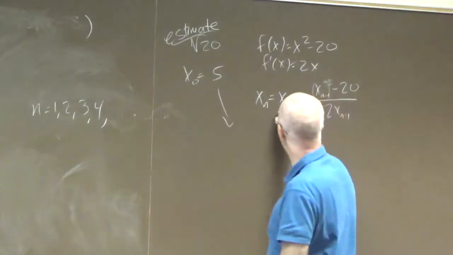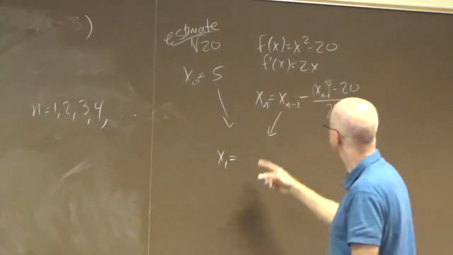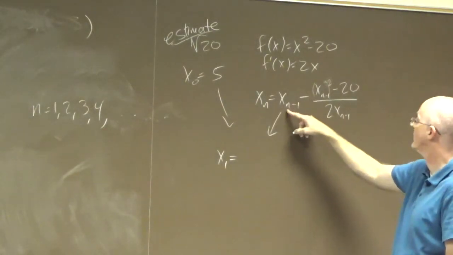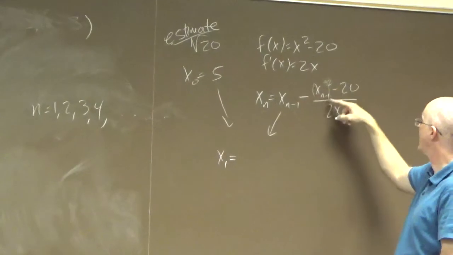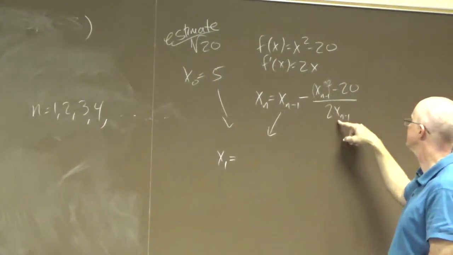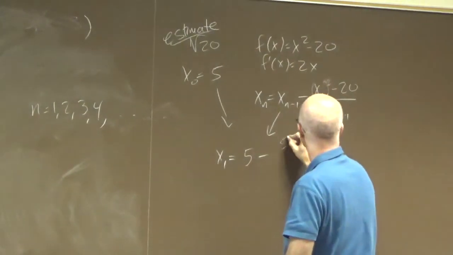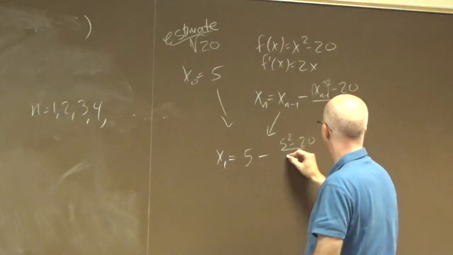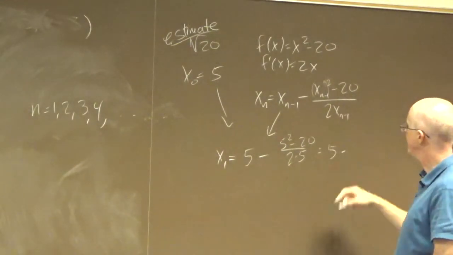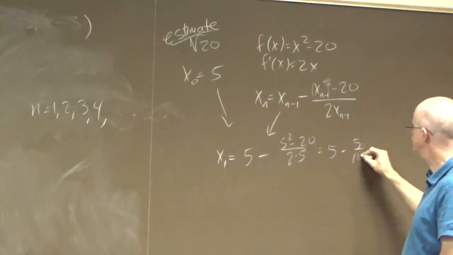So if x0 is 5, what is x1? Replace the n with 1. x1 will be x0, 1 minus 1 is 0, minus the fraction, that is x0 squared minus 20, divided by 2 times x0. 5 minus 5 squared minus 20 over 2 times 5. 5 squared is 25, minus 20 is 5. 2 times 5 is 10.